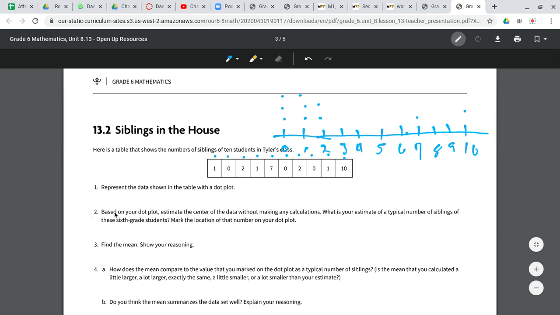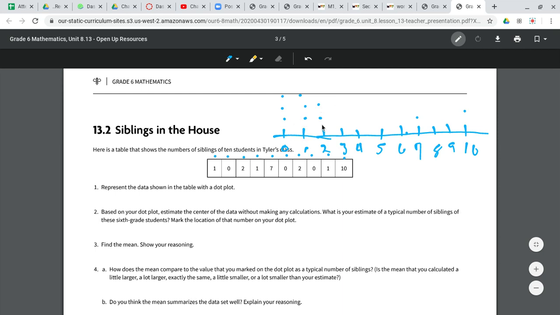So for number 2, based on our dot plot, estimate the center of data without making any calculations. What's your estimate of a typical number of siblings of these 6th grade students? Mark the location on your dot plot. So if we look at this, where about would our average, our estimate of center be for this dot plot?